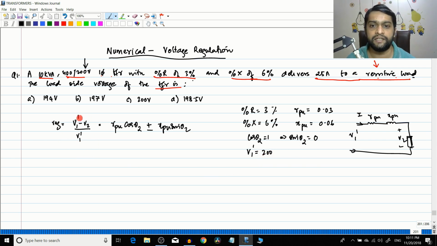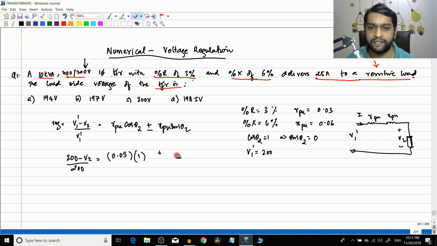So everything is given here, and we just substitute the values. V1' is 200, so (200 minus V2) divided by 200 is equal to RPU, which is 0.03, times cos theta 2, which is equal to 1. The sign is actually plus, because only for a leading power factor you get a minus value. For a leading load it would have been minus, and for a lagging load it is plus.